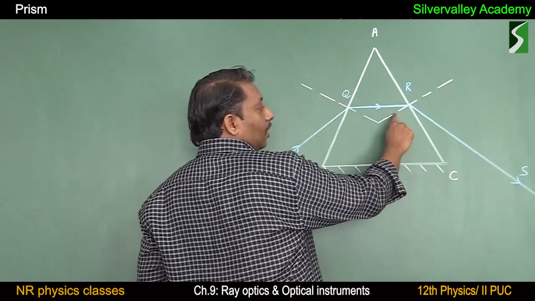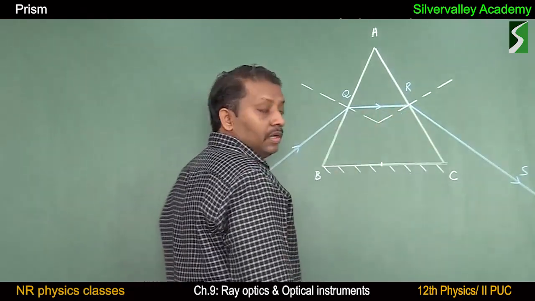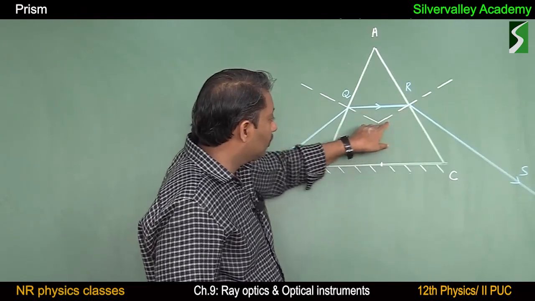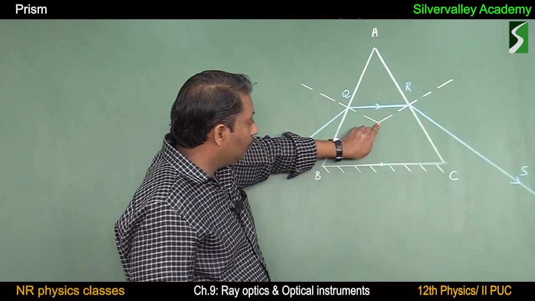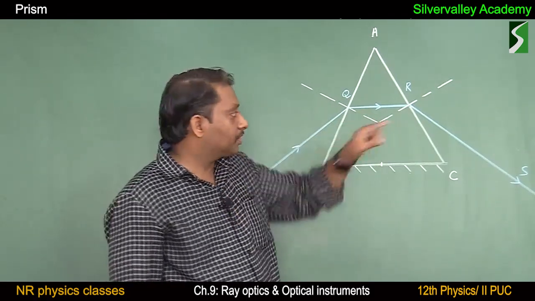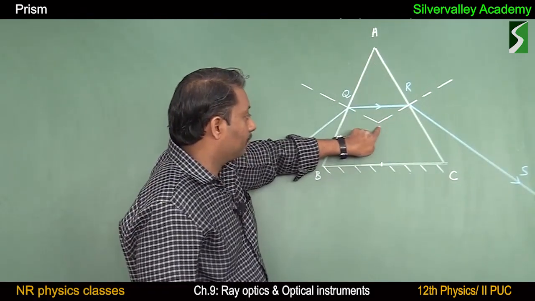This is normal drawn at this point. If you draw carefully, then these two normals will meet at this point, which is just below this A. If the diagram is correct, means you will get this point below A. Fine.